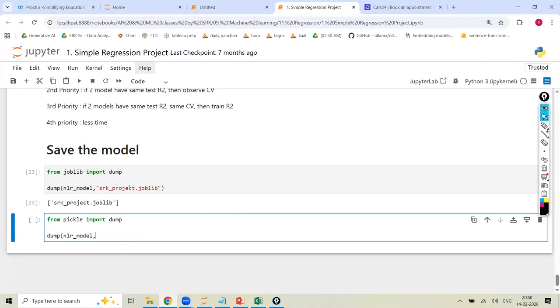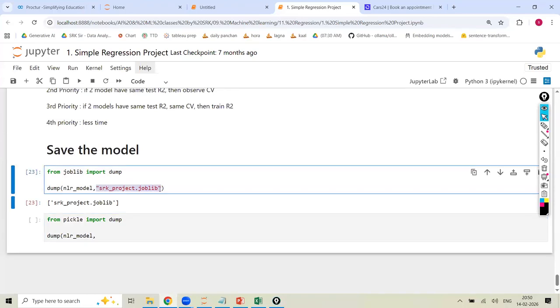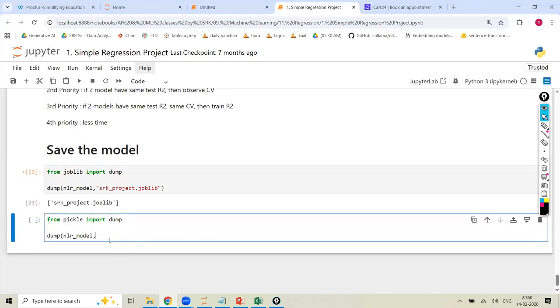Instead of srk.joblib, you are going to use srk underscore project dot pkl file. Instead of the joblib file, you are going to use the pkl file. What is a pkl file? Instead of using joblib, you are going to use the pkl, the pickle file.